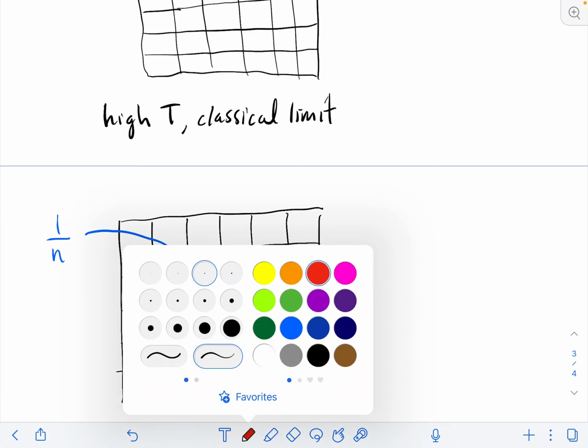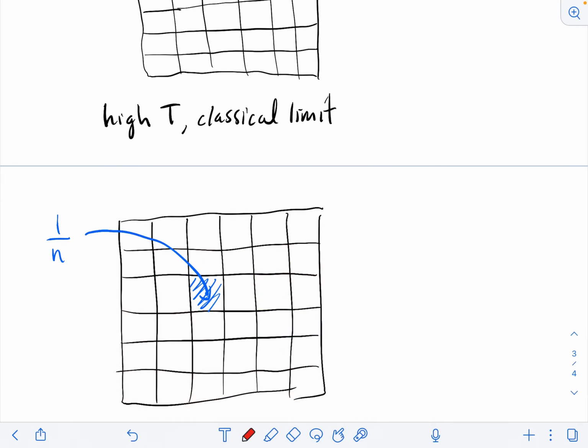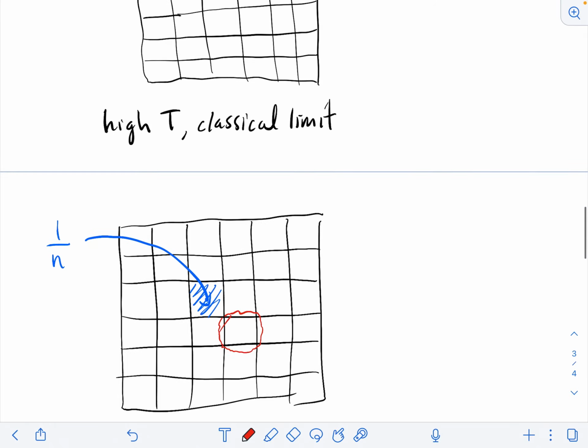But because the quantum volume grows as temperature decreases, we can reach a limit where this quantum volume becomes bigger than the space available per particle. And so this is lambda cubed.